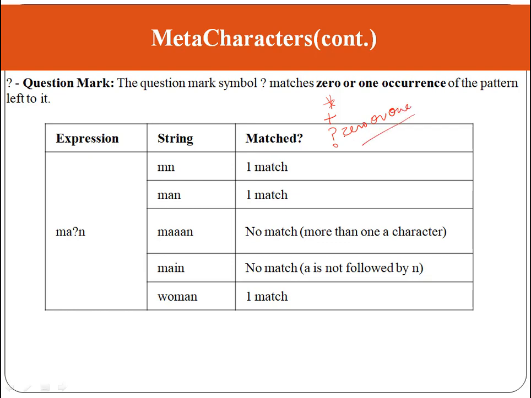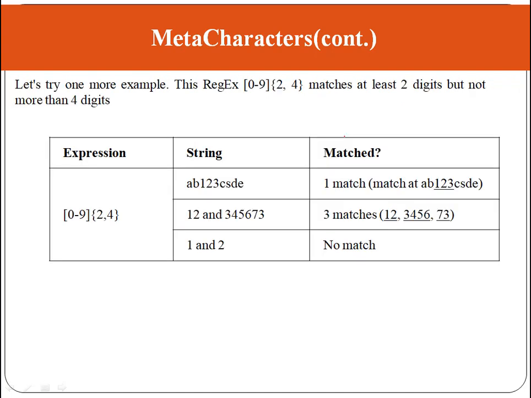So MA?N means occurrence of A 0 or 1 times. In MN there is no occurrence. In MAN there is one occurrence. In MAAAN, three occurrences, no match. In MAIN, I has come over here. In Woman, so MAN, one occurrence of A, so it is matched.